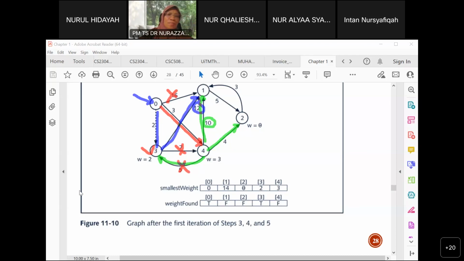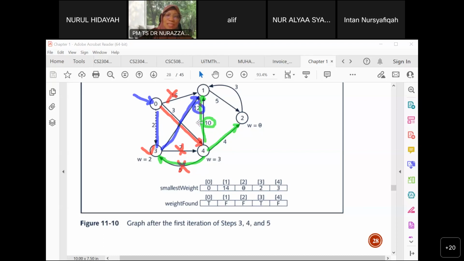Okay, now it will check. If I go from vertex 0, go to vertex 4, and go to vertex 1, what is the total? 13, right?